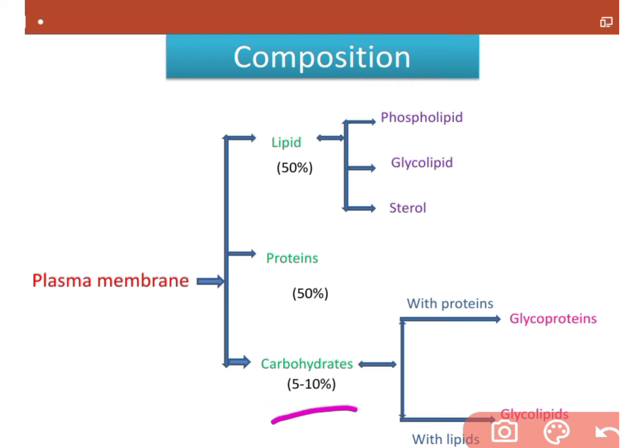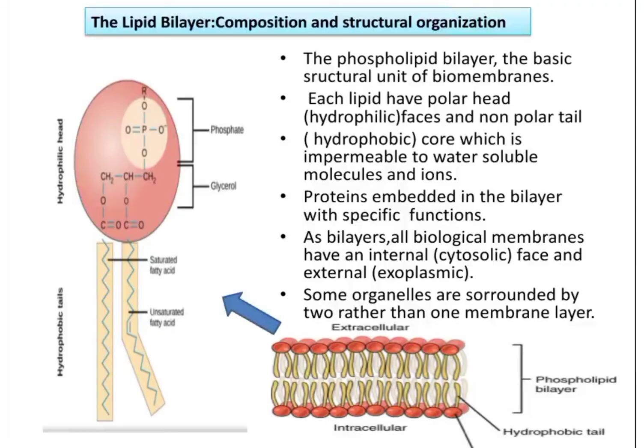Then lipid is again divided into three components: phospholipid, glycolipid, and sterol. Then carbohydrate is divided into two components. When carbohydrate is mixed with proteins, it is called glycoproteins, and when carbohydrates are mixed with lipids, it is called glycolipids.